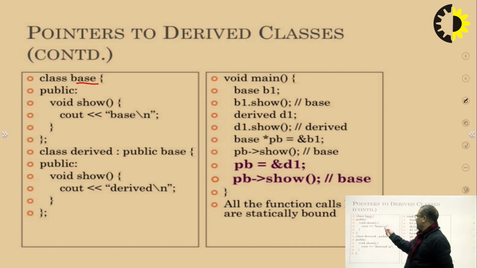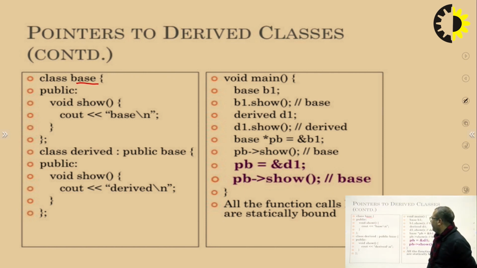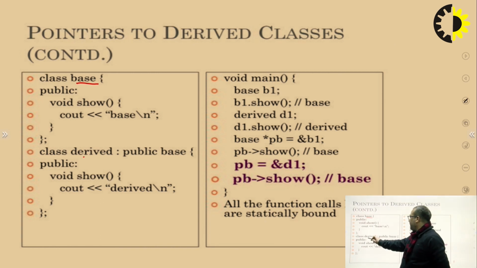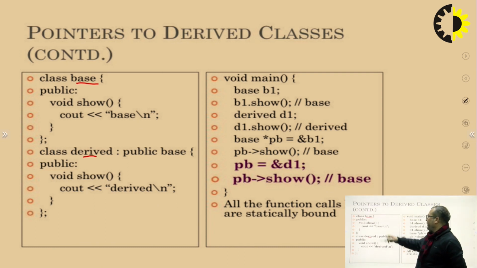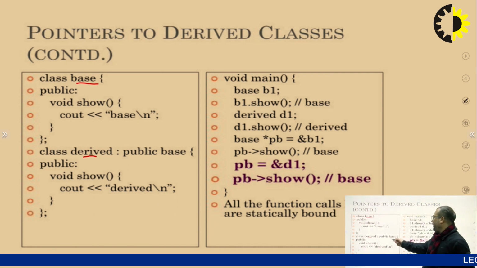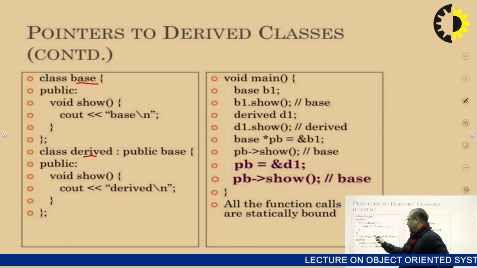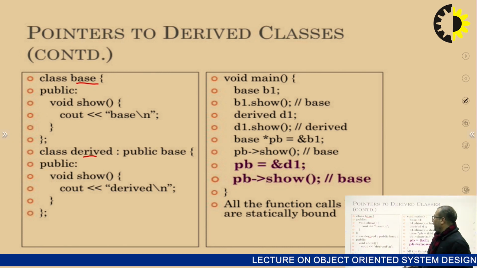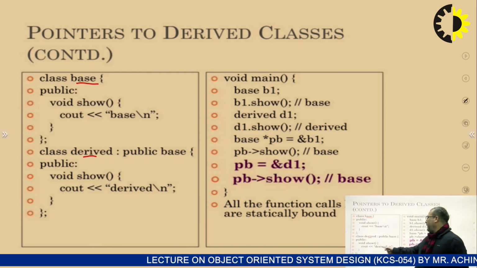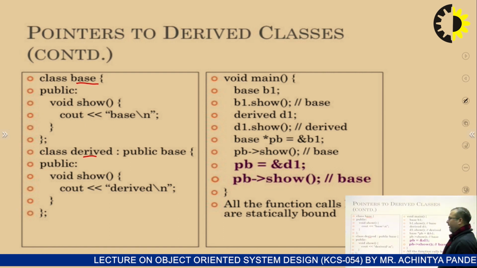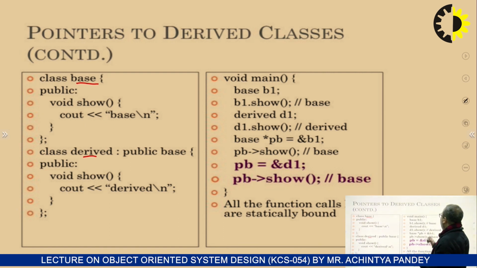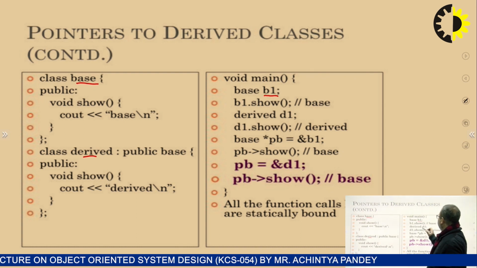We have just written a simple function show, and a simple line of code that prints "base". This is the base class, and this is the derived class which is going to inherit the base class. Of course this is public inheritance, meaning the public members of the base could be inherited in this derived class. Here we have used the same function show, with a single line of code just printing "derived", right?